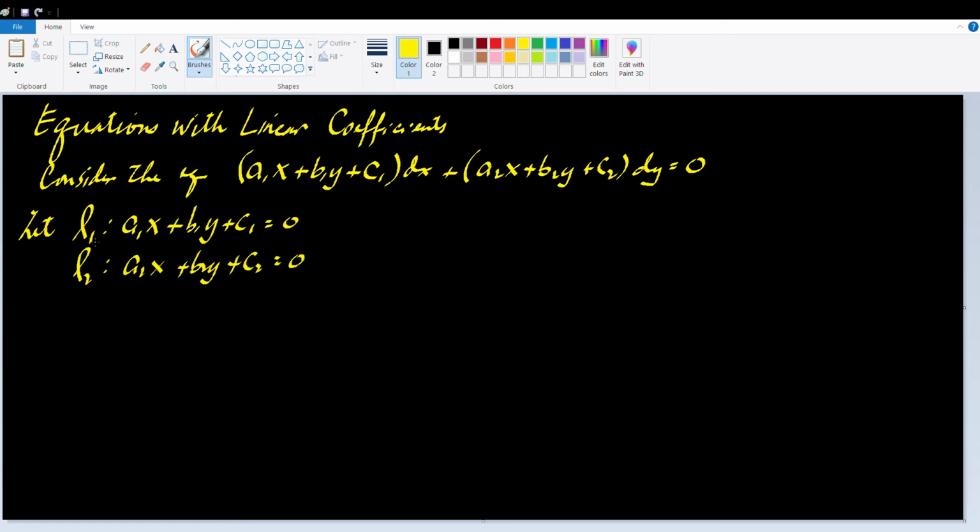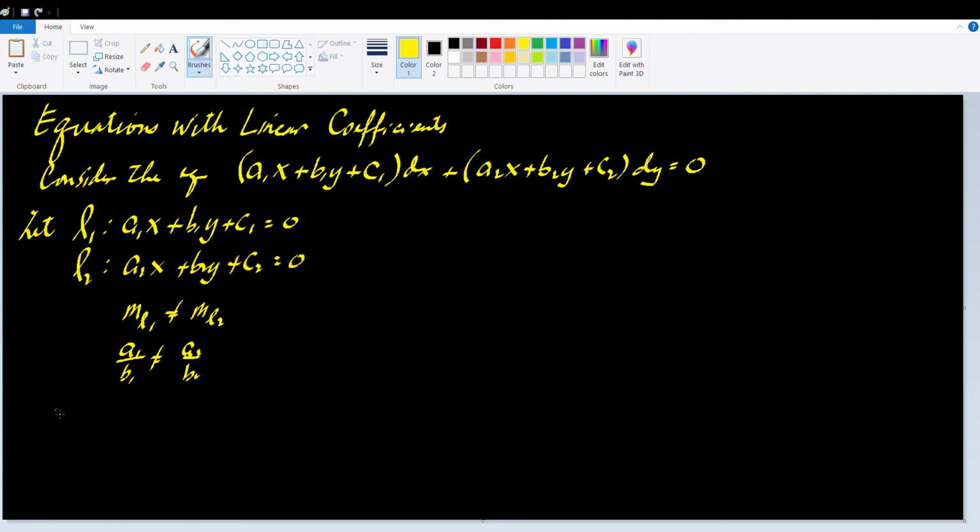Let these two lines L1 and L2 be such that they are intersecting, meaning to say the slope of L1 is different from the slope of L2, or a1/b1 is not equal to a2/b2.